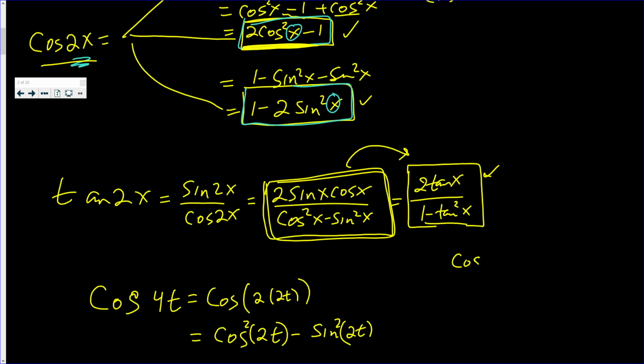We know that cosine of 2x is equal to cosine squared x minus sine squared x. And I can replace the x's with t's.